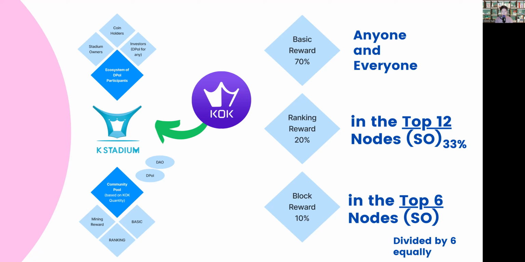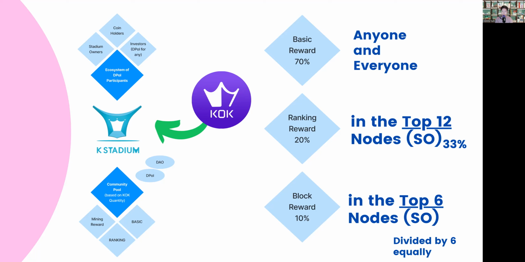You're right. But remember, 220% has been locked in, and out of that, 4% is coming up monthly. So they're buying time through this, right? And the KOK that comes out of circulation through K Stadium is actually coming out in KOK coin.